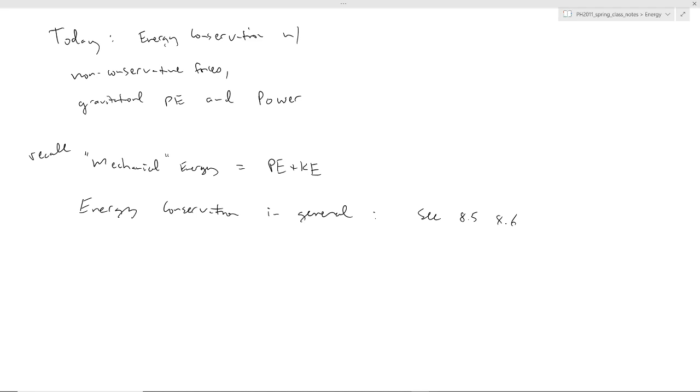So this doesn't have too much to do with momentum. Energy conservation in general, there's more than just mechanical energy, right?